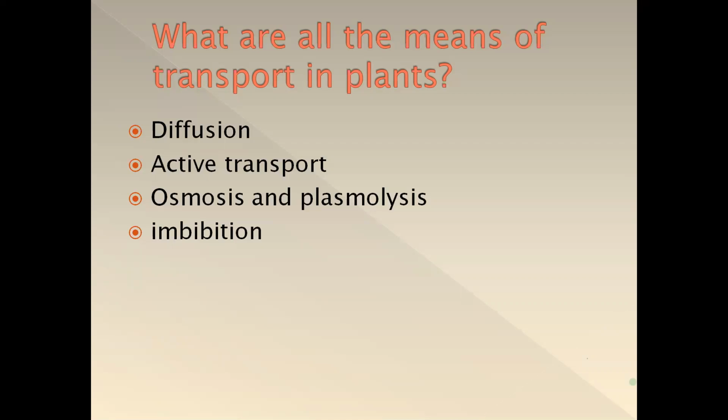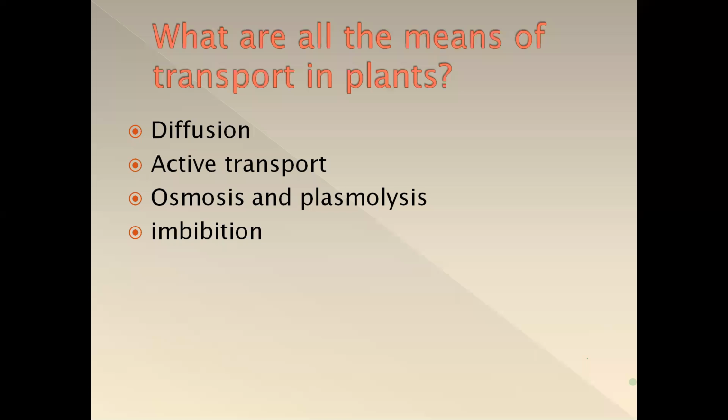Here, the 4 modes of transport are diffusion, active transport, osmosis, plasmolysis and imbibition. You understood? So these are the means of transportation that take place in the plants. Clear? Very clear? So now we'll go deep into this.